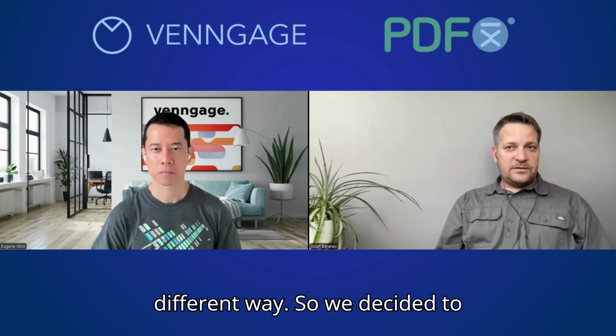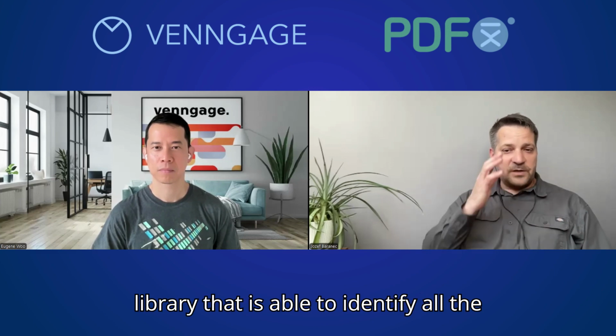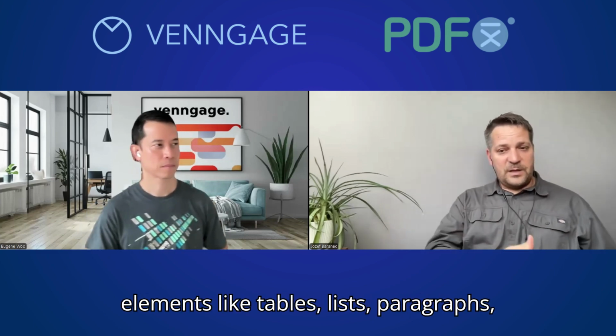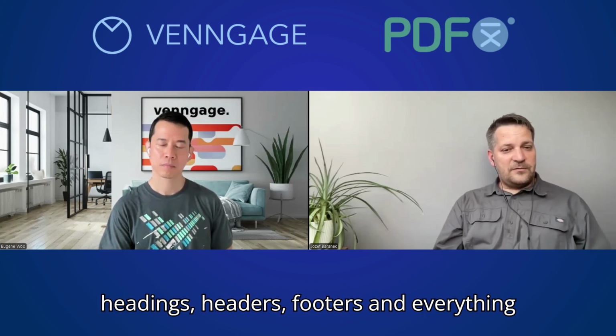So we decided to look for the structure in the PDF documents, and at that time we built a library that is able to identify all the elements like tables, lists, paragraphs, headings, headers, footers, and everything like that.